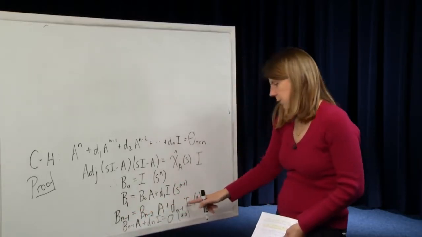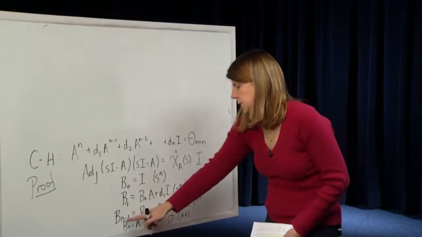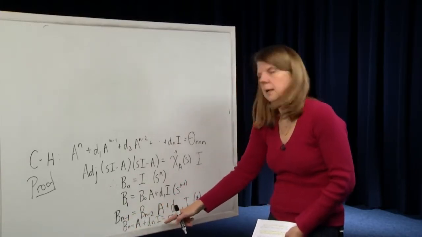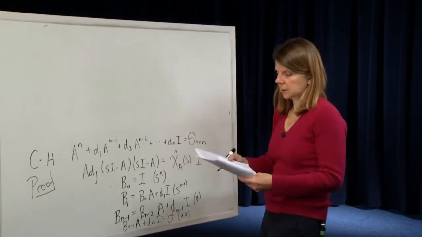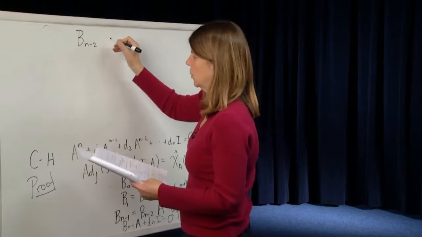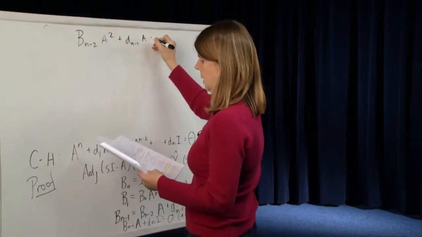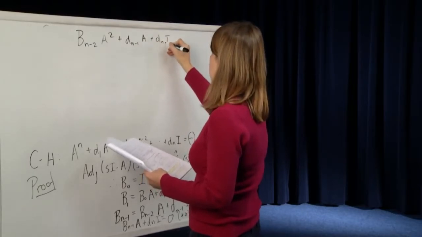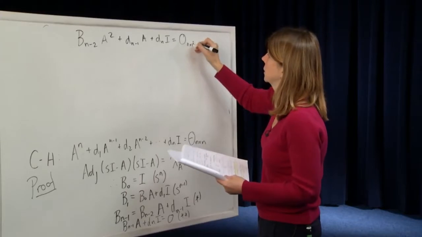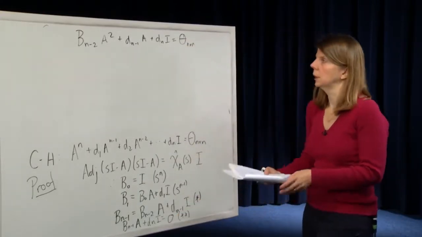So let's take equation star, post-multiply it by the matrix A, and then substitute wherever we see B_{n-1} A, we'll substitute minus d_n I. Okay, so that, combining those last two equations, gives us B_{n-2} A squared plus d_{n-1} A plus d_n I is equal to 0. So this is always the 0 matrix. Okay, that should be the 0 matrix here too.